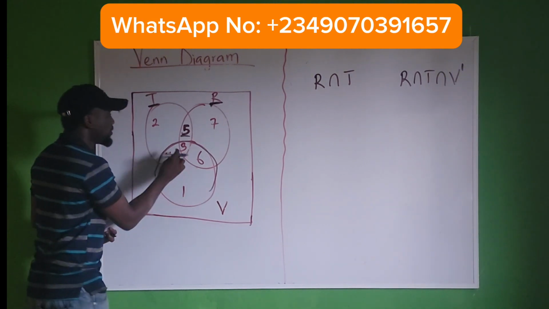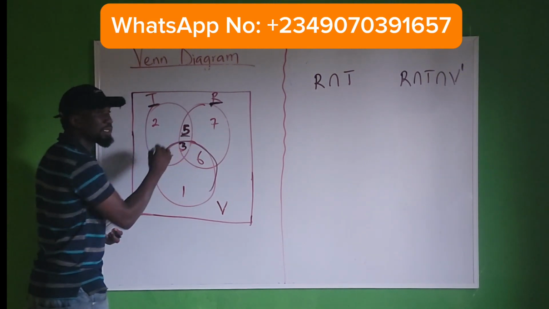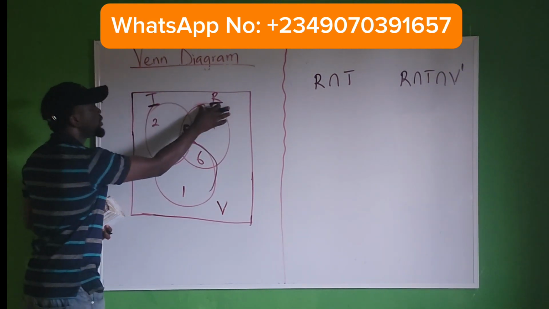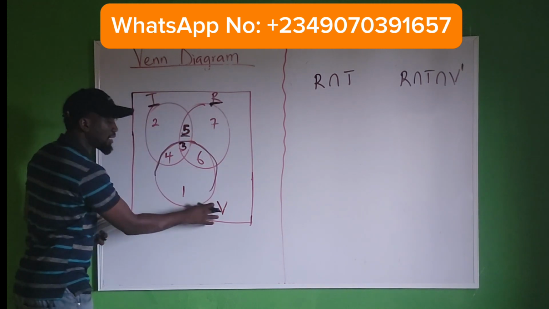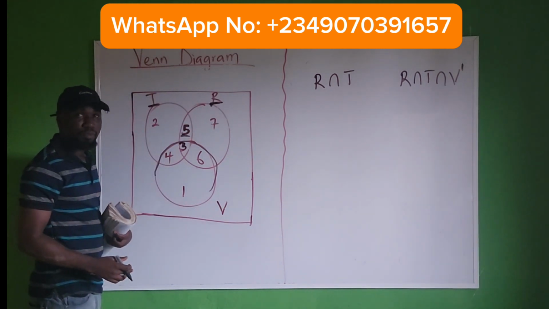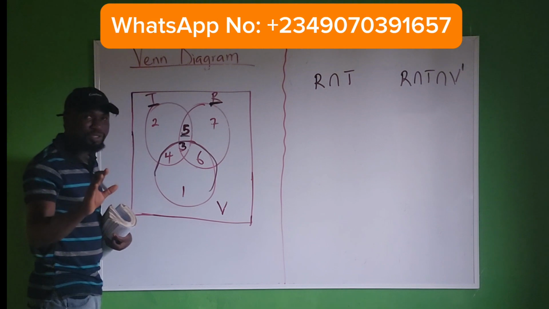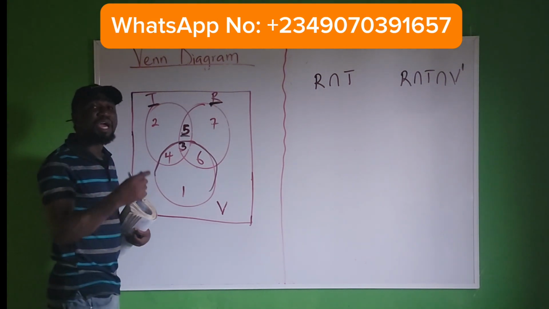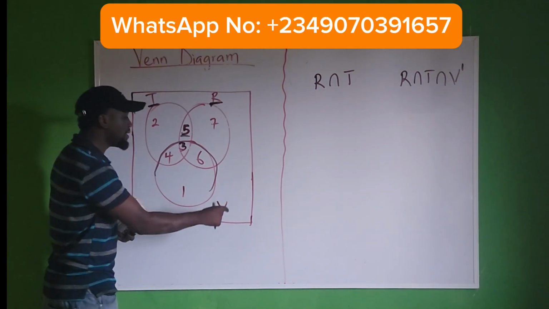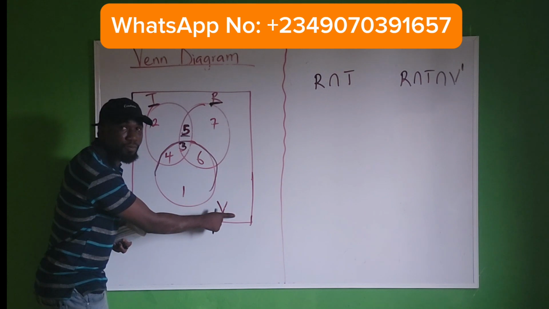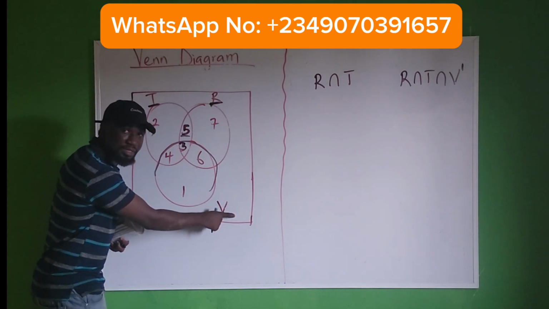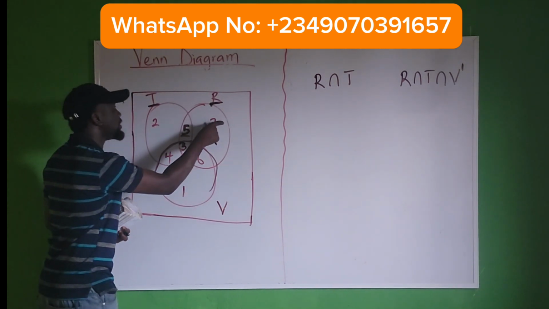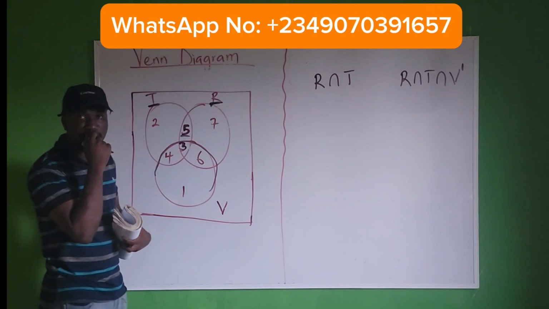And if you check this now, this 3 actually represents radio intersection television intersection video. Do you understand that? So what does that mean? That means that we have those that sold video, that still sold radio and television.